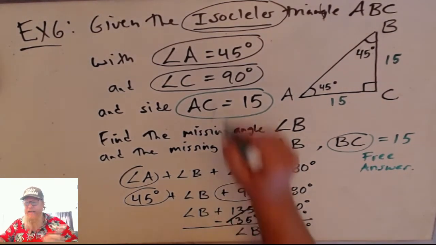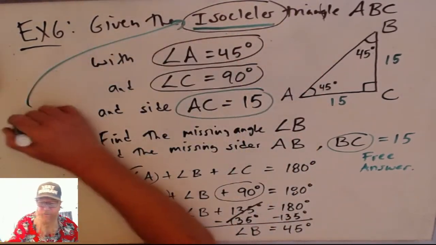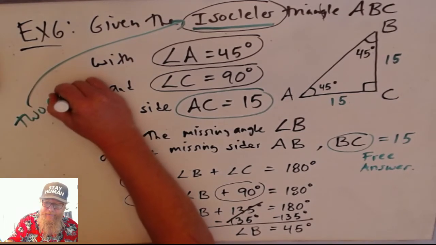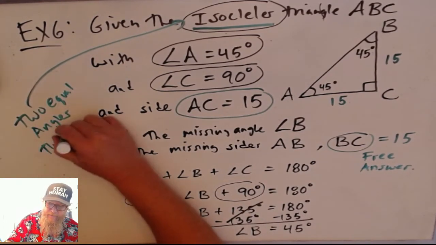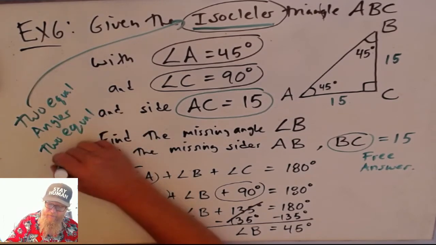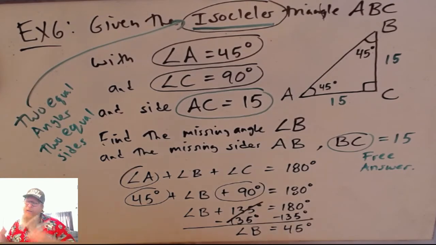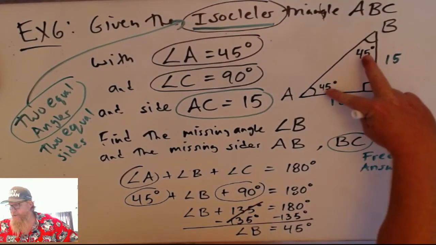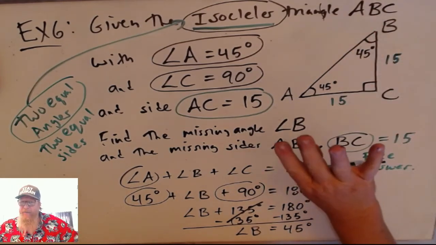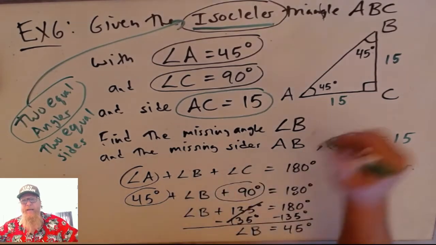Another way to remember isosceles is it has two equal angles and two equal sides. But you really only need to remember that it's got two equal angles.